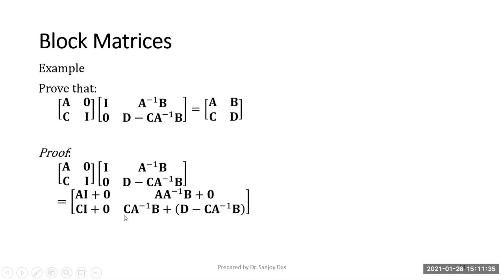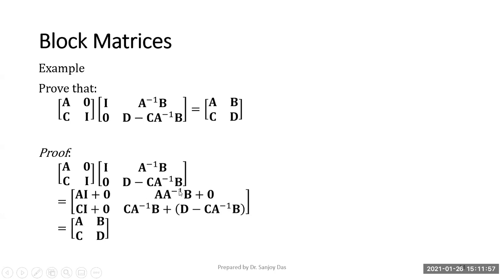And then in the second row we have C I plus I 0, which is 0. So C I plus 0. C A inverse B plus I times D minus C A inverse B. A times I is the identity matrix, so that's A, and 0 we can drop.